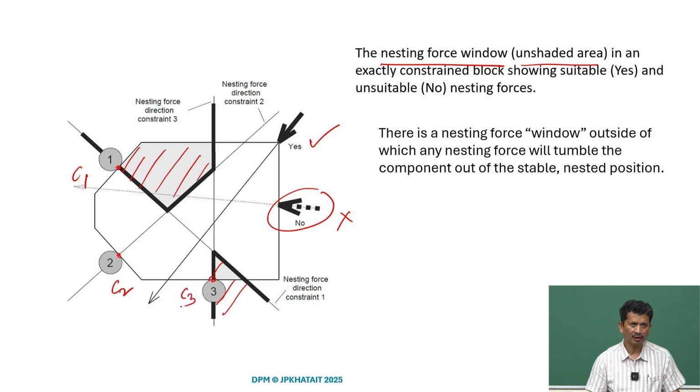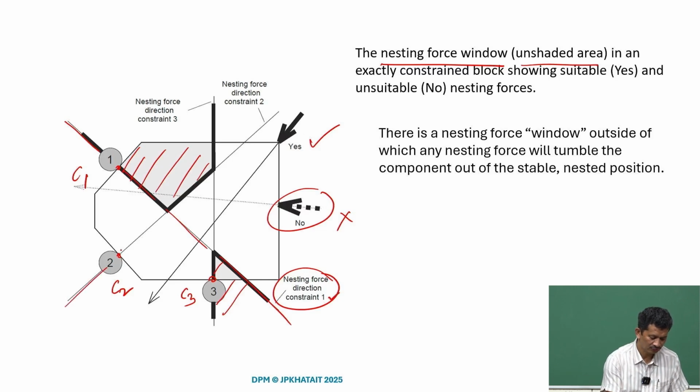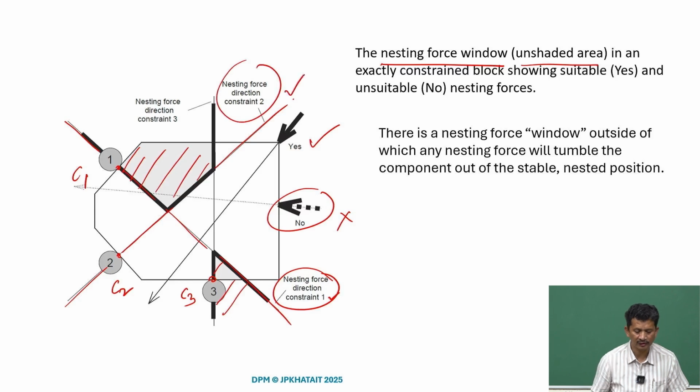So what we can now define is the constraint lines, which is defined along this. So this is what is mentioned, nesting force direction constraint because of the contact C1. Along C2, this is because of the contact C2. So these are the constraint directions.